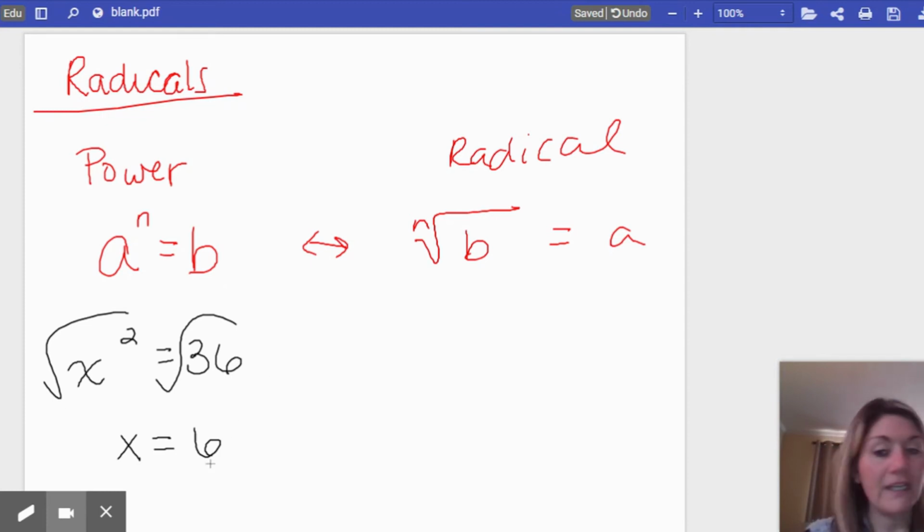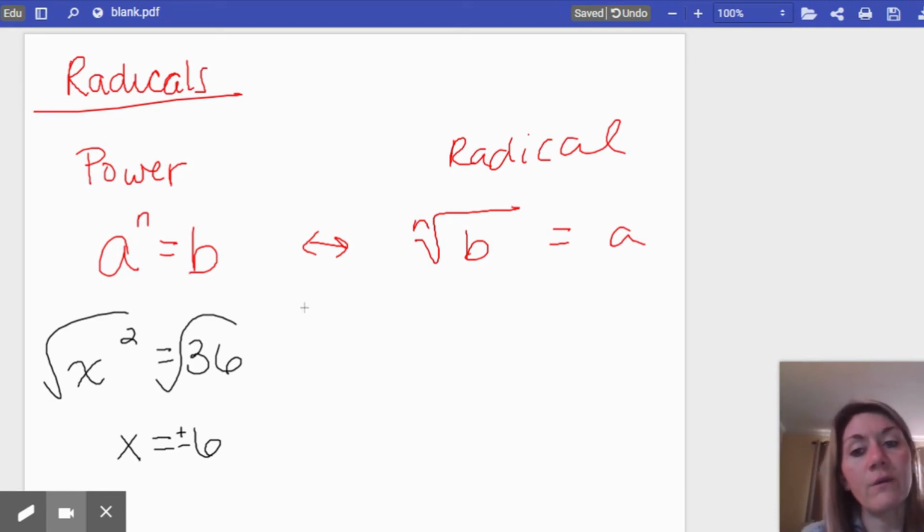For what we're doing today, it's okay if you only give me positive square roots. However, technically, the square root of 36 is 6 or negative 6, right? Because 6 times 6 is 36, and negative 6 times negative 6 is also 36.